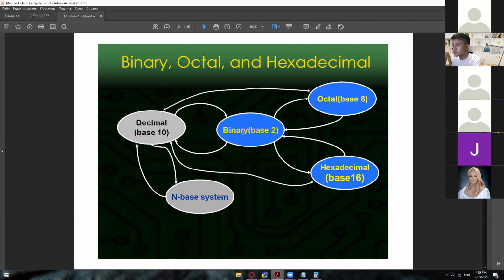You can also convert binary to hexadecimal, binary to octal, and binary to decimal. But you cannot convert binary to any base directly. There is a way: you have to convert that one to decimal first before you can convert it to any base. And many more. So just see the arrows where it is going. Those are the possibilities for converting from that base to that certain base.